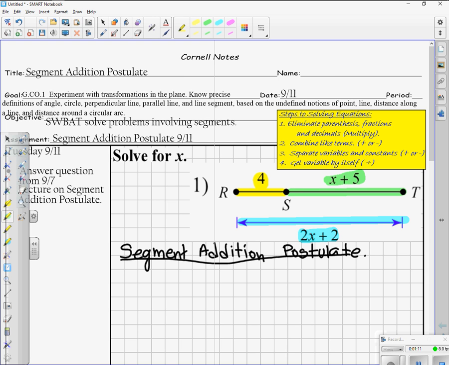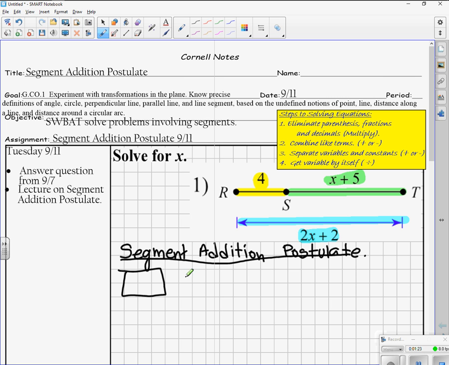So the postulate says the following, okay? If I add the little pieces together, it should be equal to the biggest piece of them all put together, okay? So the thing to notice is one of the little pieces is RS, so this is RS.